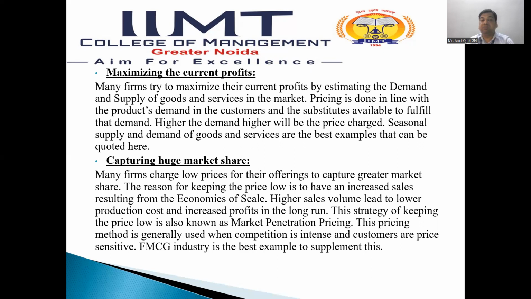Many firms try to maximize their current profit by estimating the demand and supply of goods and services in the market. Pricing is done in line with the product demand among customers and the substitutes available to fulfill that demand. The higher the demand, the higher the price charged. Seasonal supply and demand of goods and services are the best example that can be quoted here.